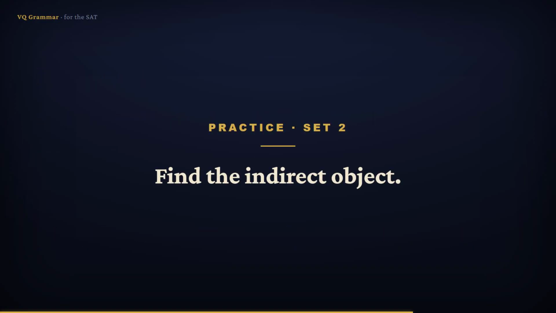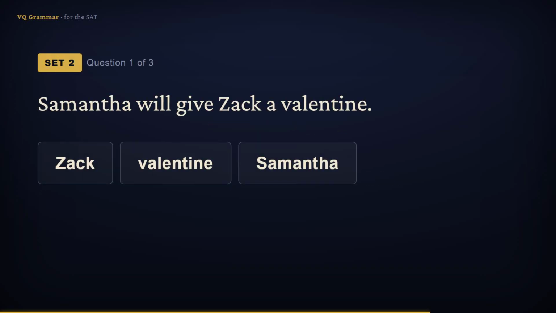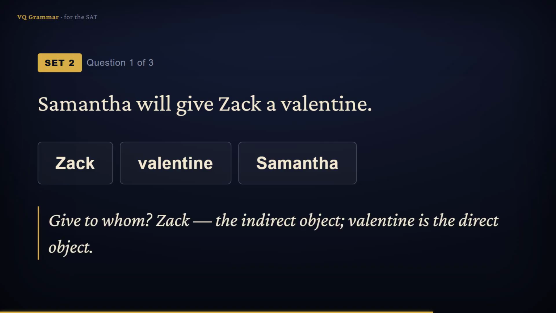Now find the indirect object, the one telling to whom or for whom, sitting right before the direct object. Pause and try each. Samantha will give Zach a valentine. Give what? A valentine, the direct object. Give to whom?